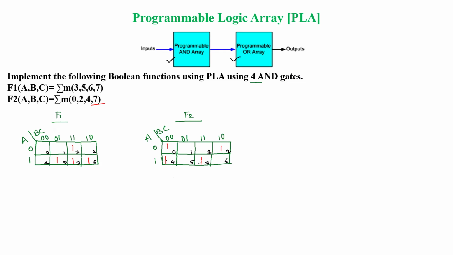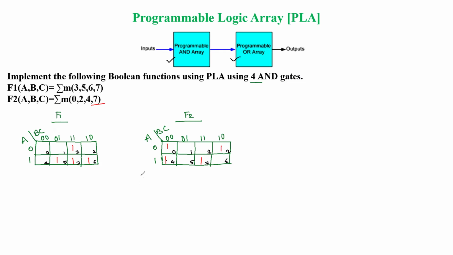So now if you look at this case, you have 0, 2, 4, 7. You see that the positions of the min terms are not the same. If we make the combination in the first function, we'll have 3 pairs. In the second function, one pair is this one, that is the first column, and these two are isolated.